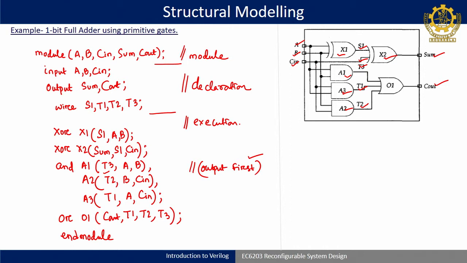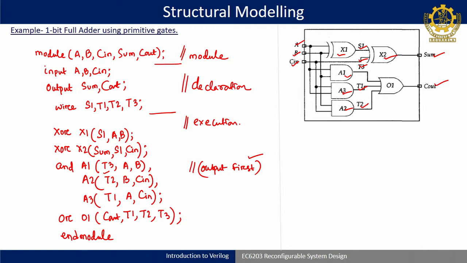So just to summarize: if the gate count is very low, then you can use this type of modeling. If the gate count is very high, then it is a problem. In a hierarchical design, lower level designs can be coded using gate level netlist, and also using continuous assignment statements.